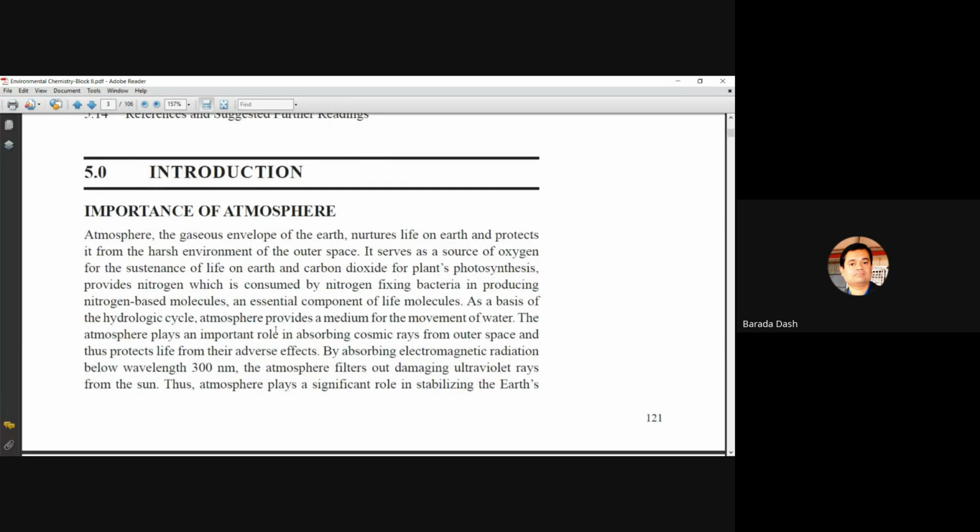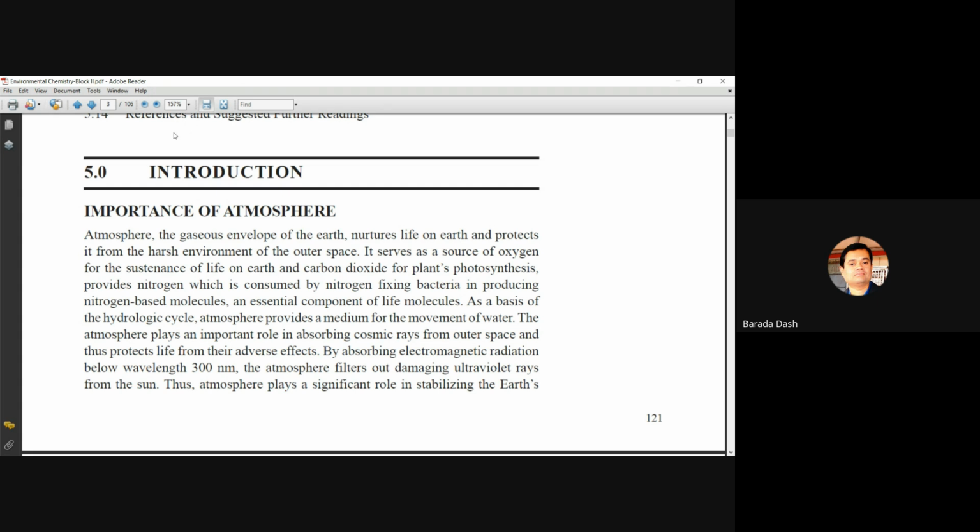So basically, what is the importance of the atmosphere? Atmosphere is anything above our head, and below it is the soil, with water in the soil, and above is the atmosphere where air is there and oxygen that we breathe. Without oxygen we cannot survive. So understanding atmospheric chemistry and atmospheric pollutants is very essential, because when we breathe oxygen, along with that we are also breathing other components of the air.